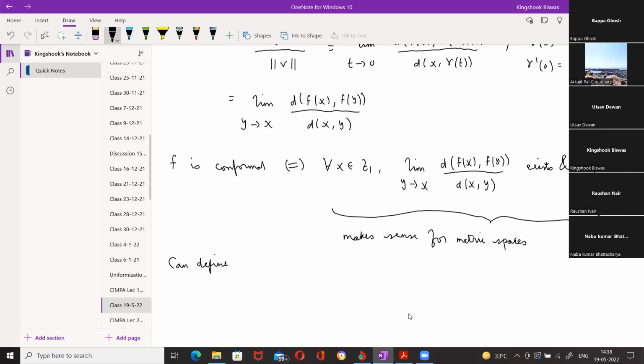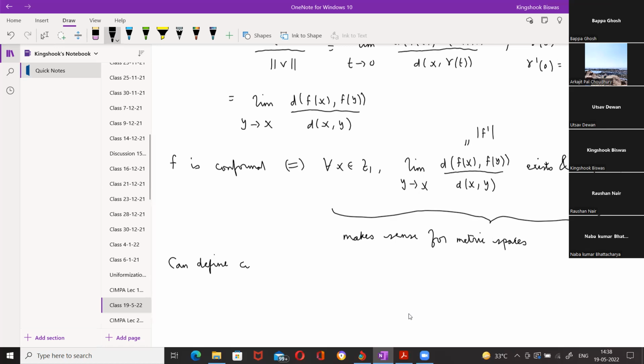So this limit, we will call this, let's say, mod f prime. Because in the smooth situation, it's the norm of df. So this is a derivative of a sort, right? I can call this mod f prime. All right.